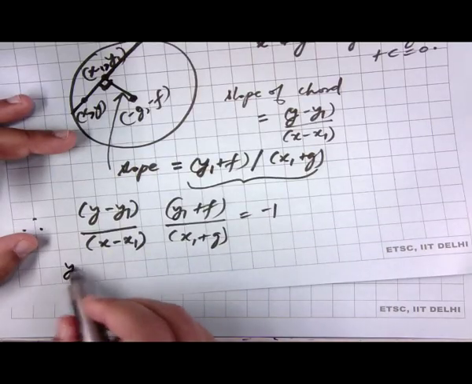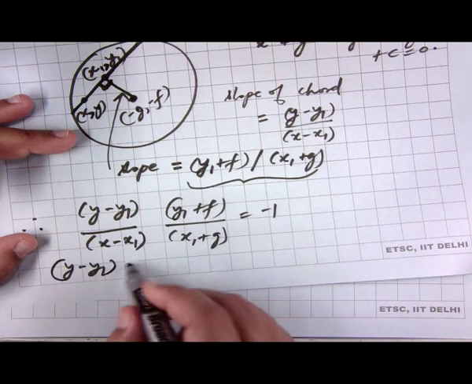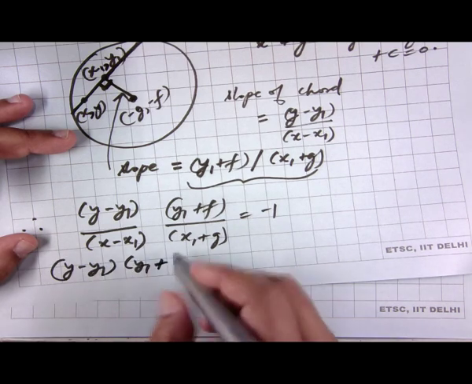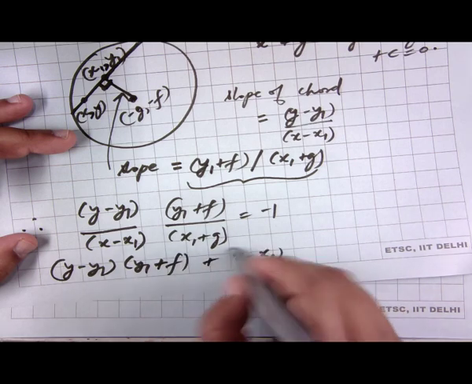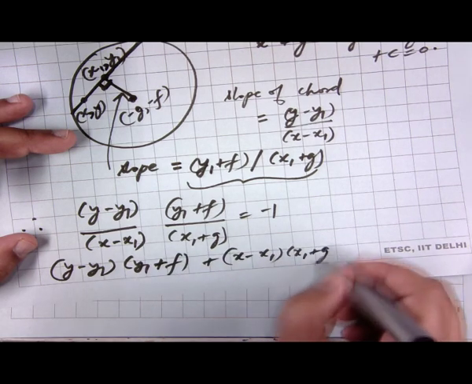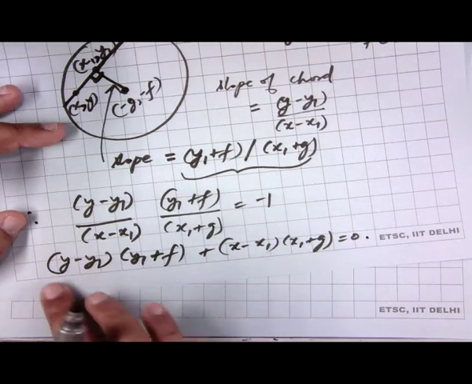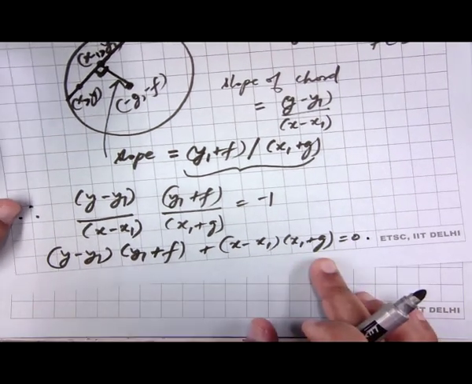Which can be simplified to and this is the equation of the chord.